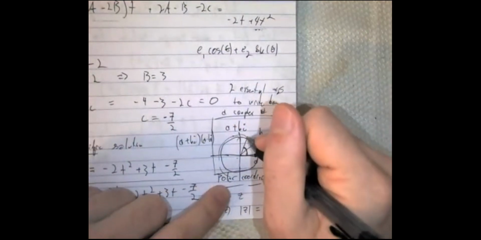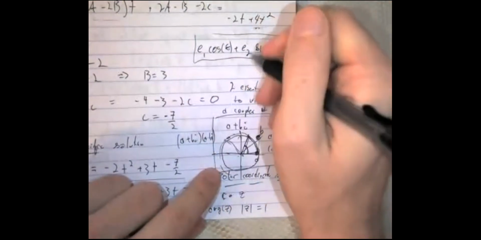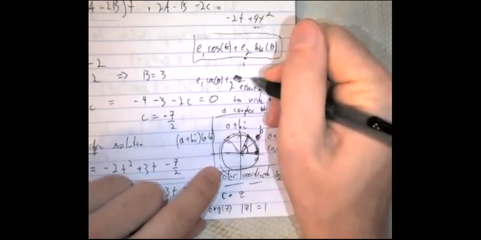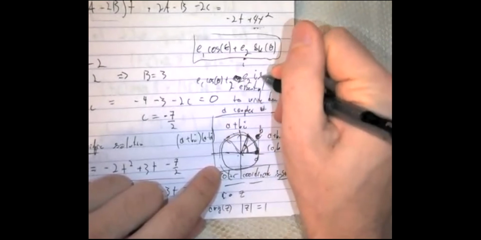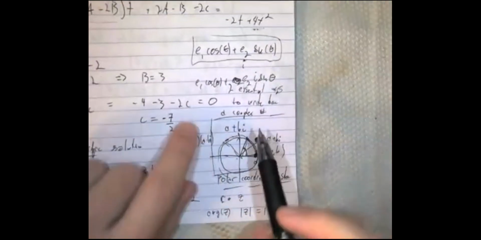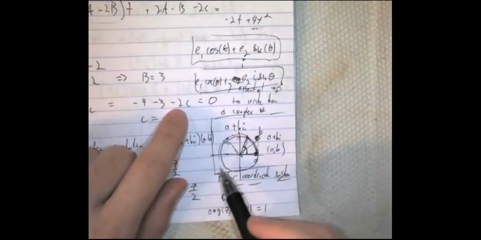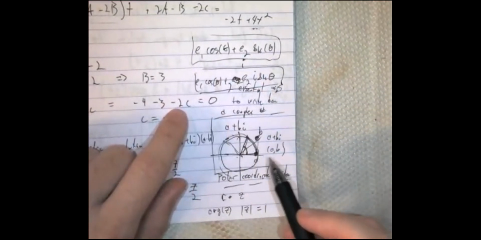For a given choice of theta, that'll precisely give you some point on the unit circle. So essentially what we're doing is exactly this, where our e2 is now i. So this expression, cosine of theta plus i sine of theta, is a very natural expression to consider because it's a different way of expressing a particular complex number.